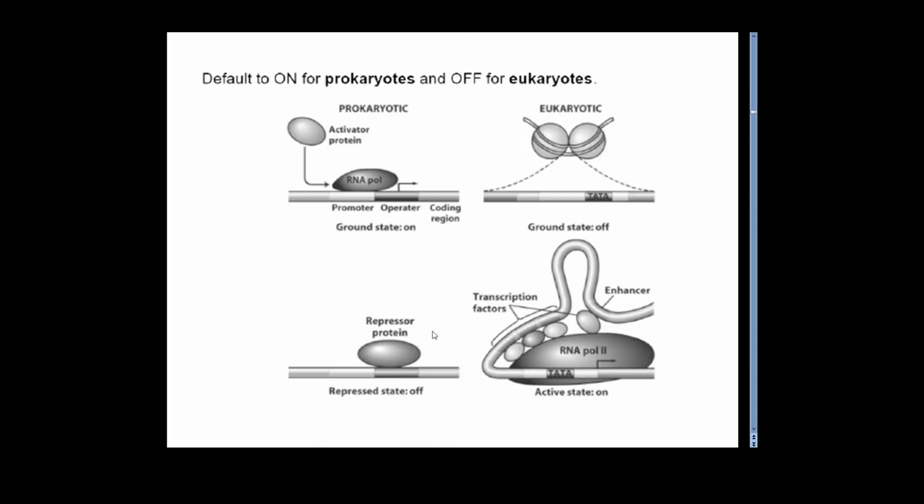Another important difference between prokaryotic and eukaryotic transcription is the mechanism of activation. For prokaryotes, RNA polymerase binds with the promoter, and if the place between the promoter and the coding sequence is free, RNA polymerase will go ahead.